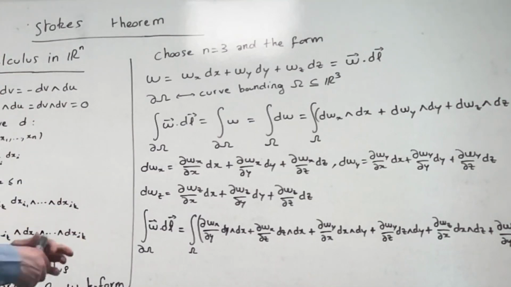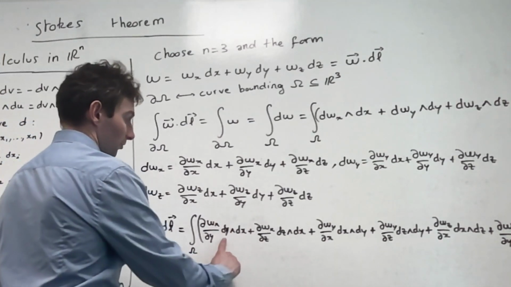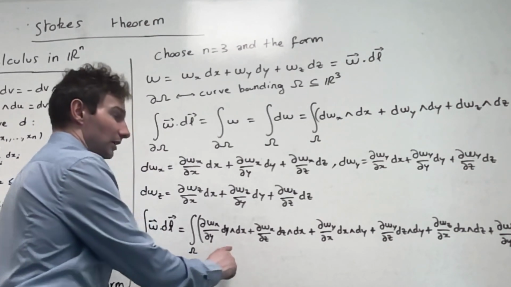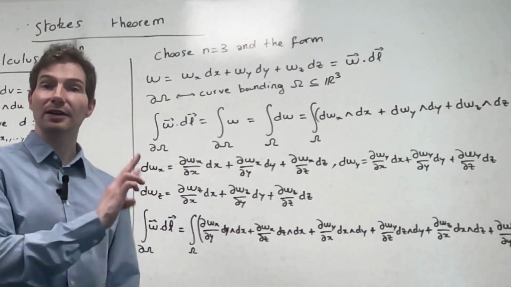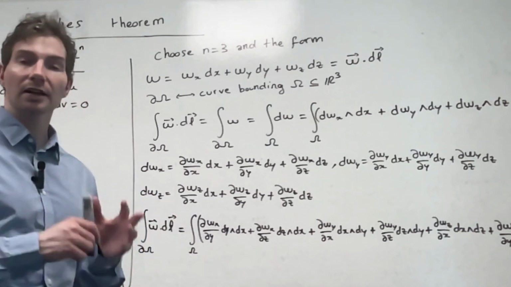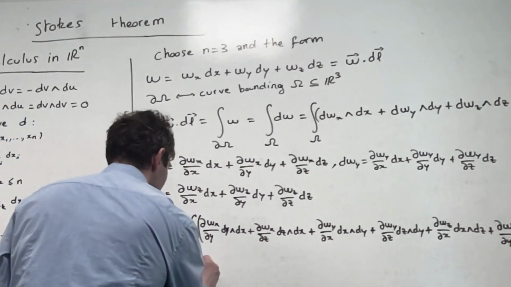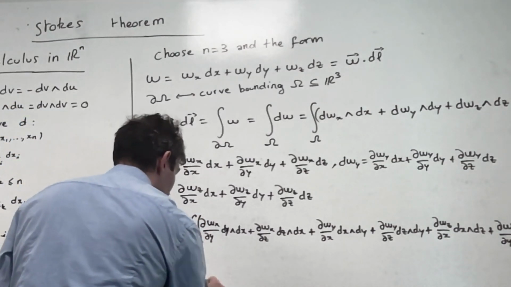Okay, now what I'm going to do is group the terms by realizing that dy wedge dx is the same as minus dx wedge dy, and so I can factorize these things, and that's what I'm going to do here. So I'm going to get the integral over omega.